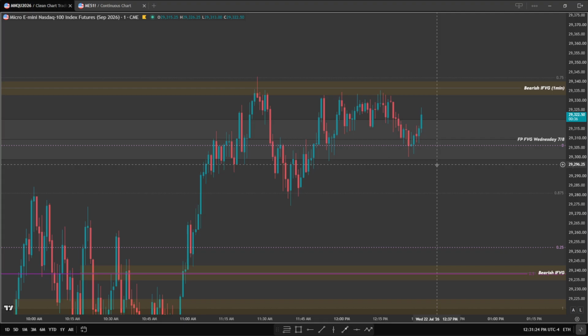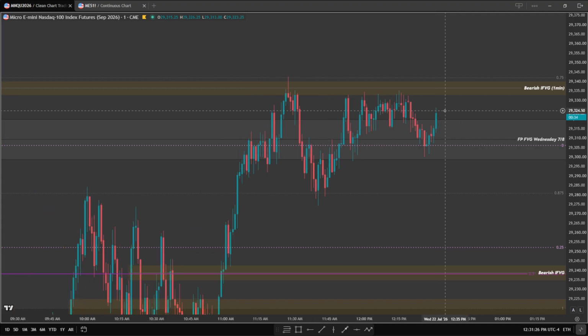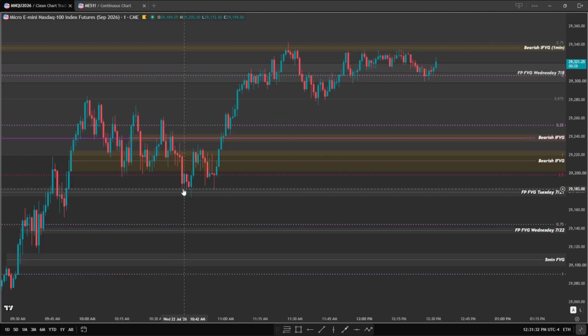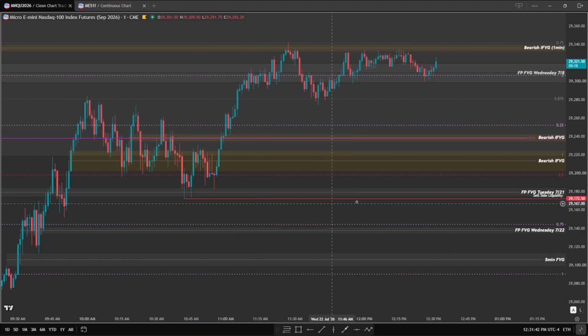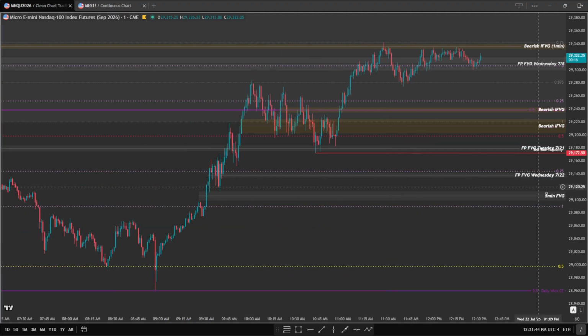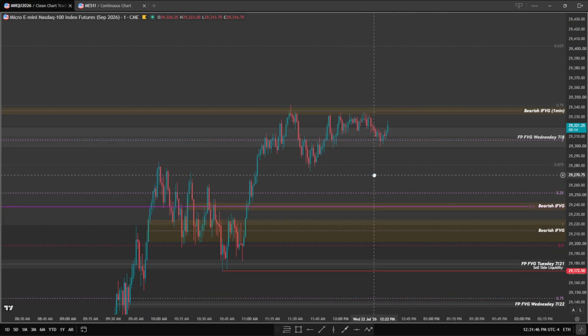It is 12:30, so this is about the time that I would expect the lunch macro to start spooling towards 10 o'clock liquidity, which is right here. I'm kind of expecting a break above these highs.